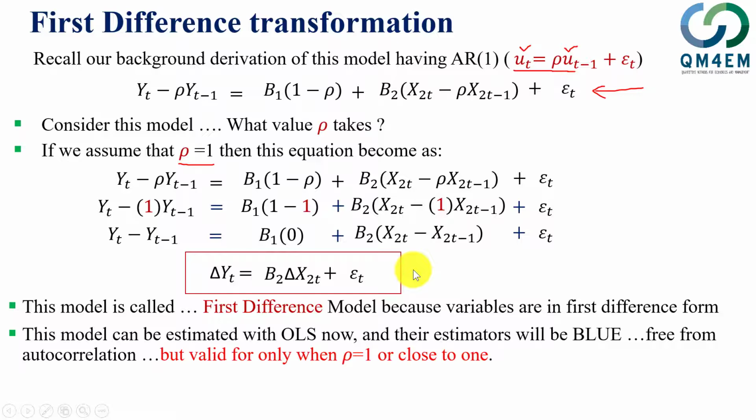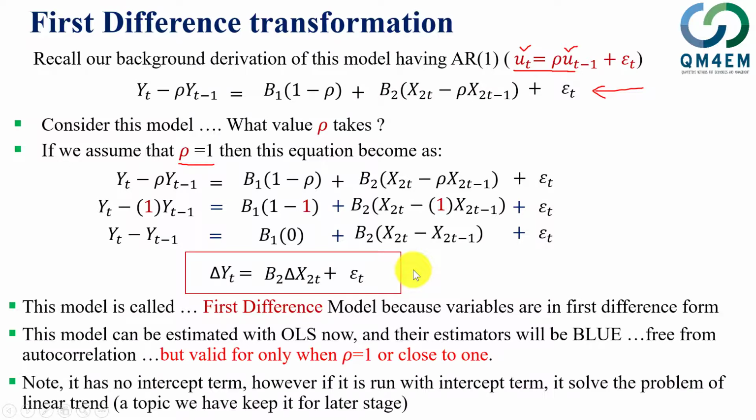Another interesting thing with this model is that we no longer have an intercept term. If you look at the differences, we do not have the intercept term here. So if we run this model without intercept, that will solve the problem of autocorrelation. But if we include the intercept in this model, it covers for trend in the model.